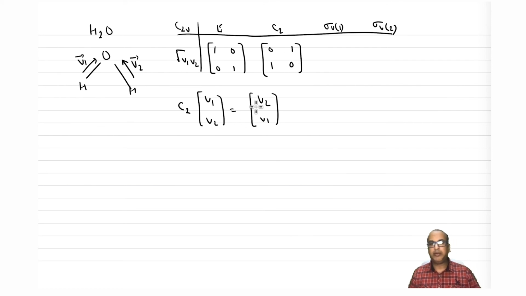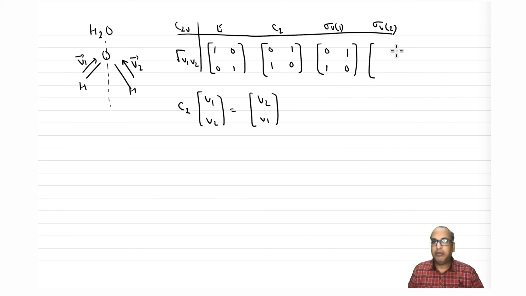Simple to write. Now let's say for sigma V1, the plane which is reflecting V1 and V2. So again V1 will be reflecting to V2, so we will have 0 1 1 0. V1 will be replaced with V2 and V2 will be replaced with V1. Now sigma V2 is the plane where all three atoms lie, so the vectors will not move.